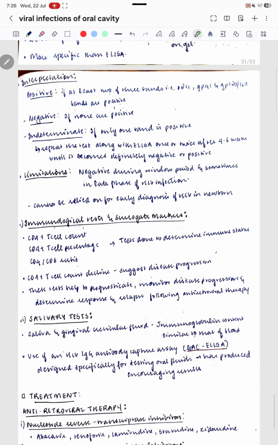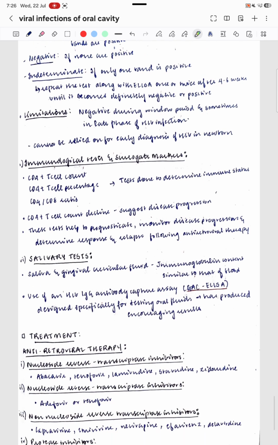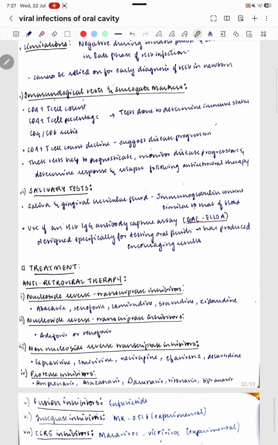Then intermediate: if only one band is positive, then we have to repeat the test after 4 to 6 weeks until the band becomes either completely negative or completely positive. Limitation is that it is negative during the window period and sometimes in the late phase of infection, and cannot be relied on for early diagnosis.